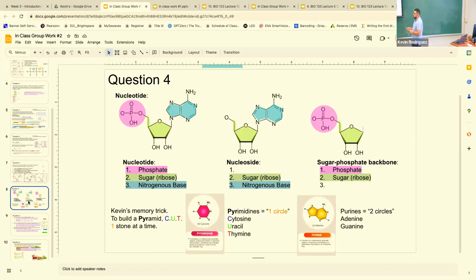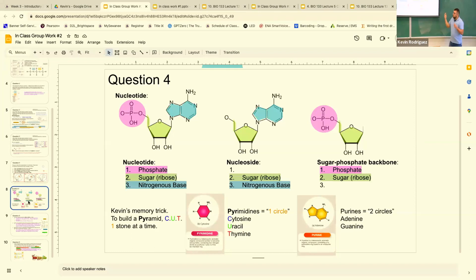And then the bases themselves, this is the level that I really want you to know. You don't have to know exactly where your nitrogen lands, or where your carbonyl group is. What I will ask you about is more like this. You can see that the pyrimidine has just a single 6-member ring, and the ones you're going to be using are cytosine, uracil, and thymine.